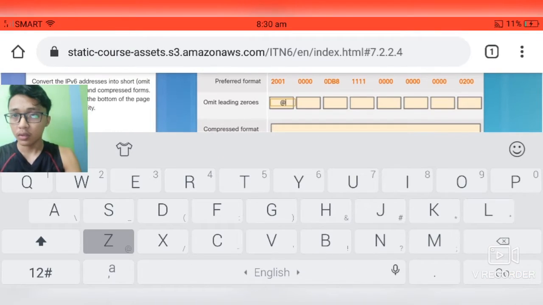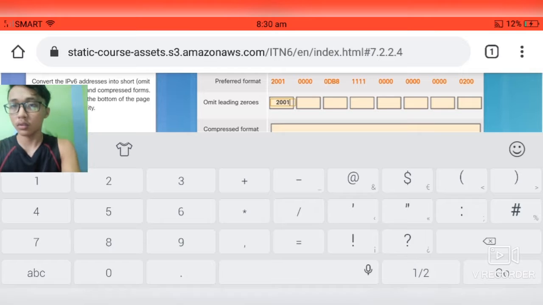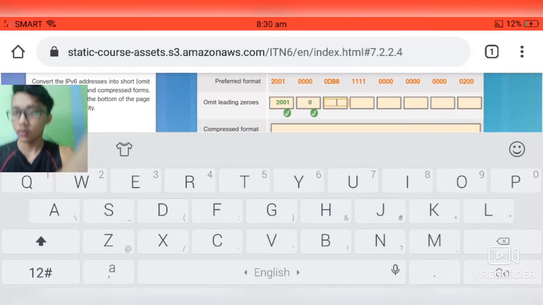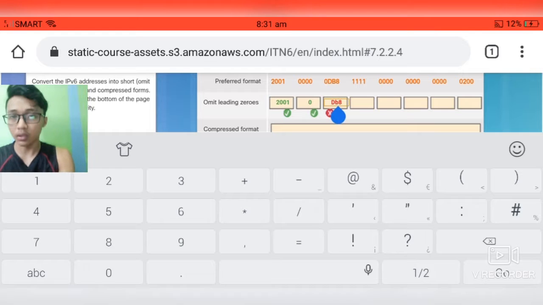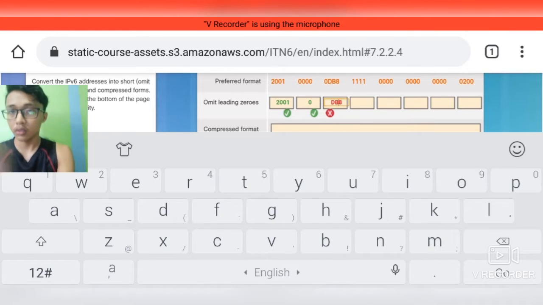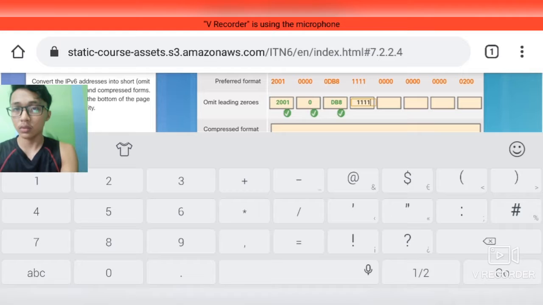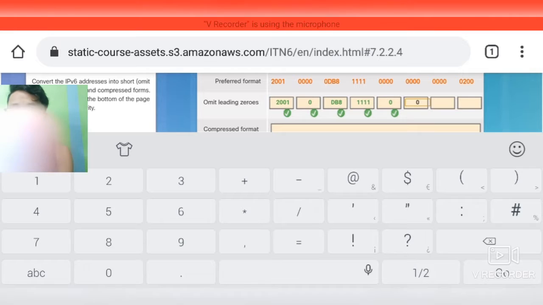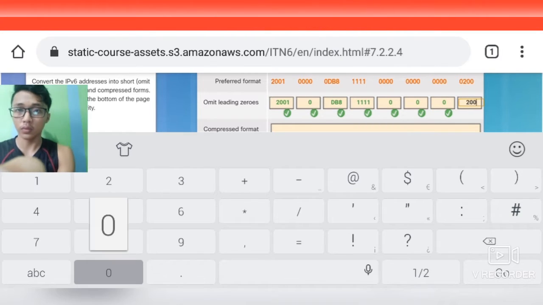So we have here the 2001, 0, DB8, it's capital B. So here 111 and 0 0 0 and here the 200.